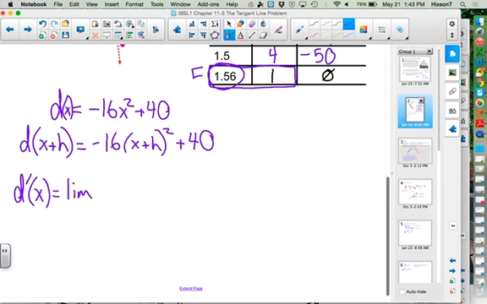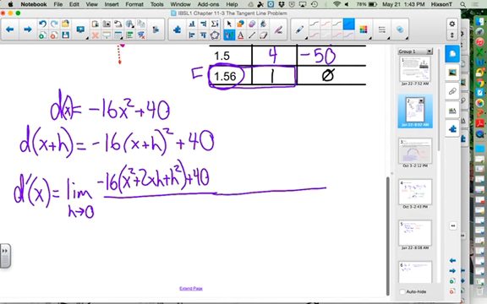the limit as h approaches 0 of negative 16 times, and I'm going to FOIL this just for time's sake, x squared plus 2xh plus h squared, plus 40, all over h, minus d of x.